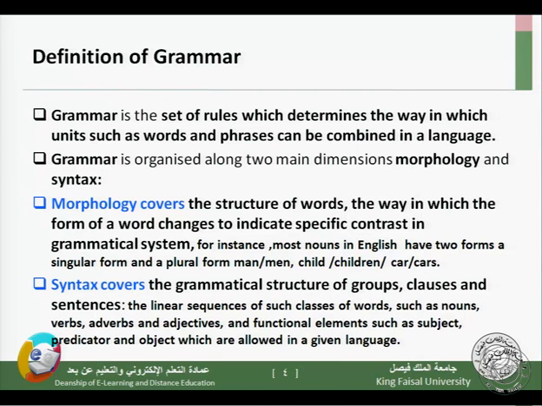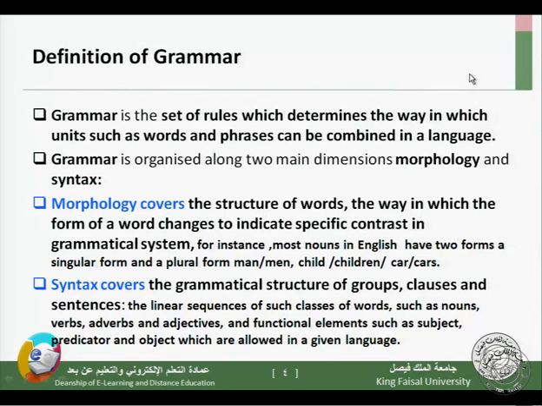It looks at these grammatical structures of groups and clauses and sentences in a linear way. The linear sequence of such classes of words such as nouns, verbs, adverbs, adjectives, and functional elements such as subject, predicate, object, which are allowed in a given language. I'll put it to you very simply.